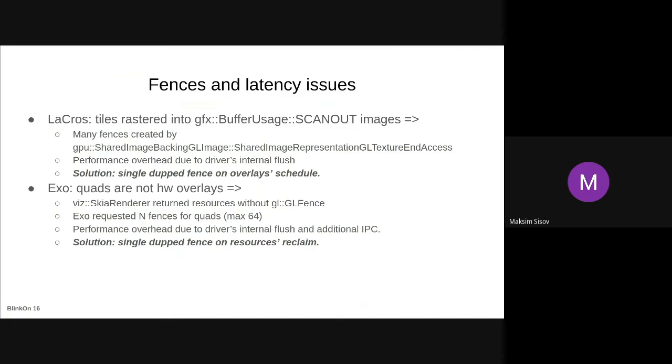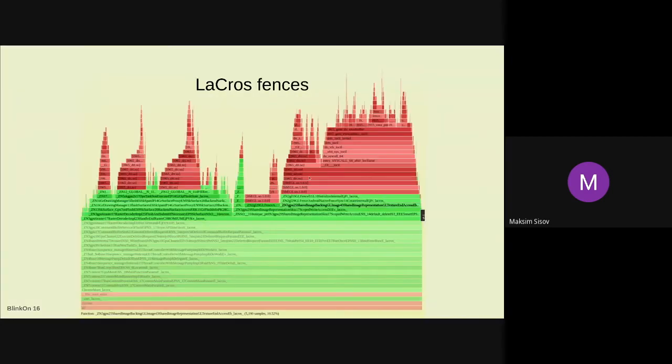So we could have up to 64 fences created for each quad in a single frame, and that took a big fraction of CPU time and degraded performance as a result. On this flame graph, you can see that whenever an end access call happened, it occupied about 10% of all calls.